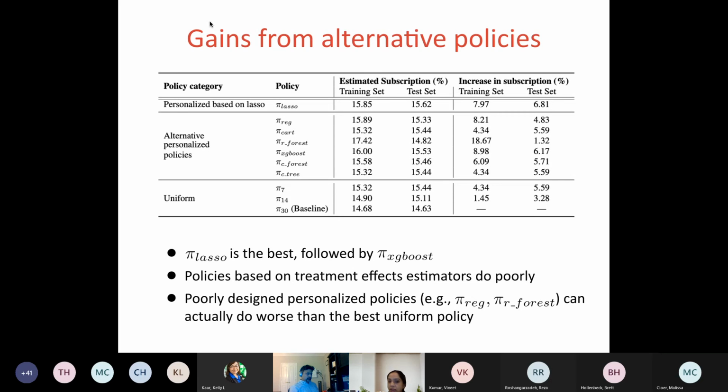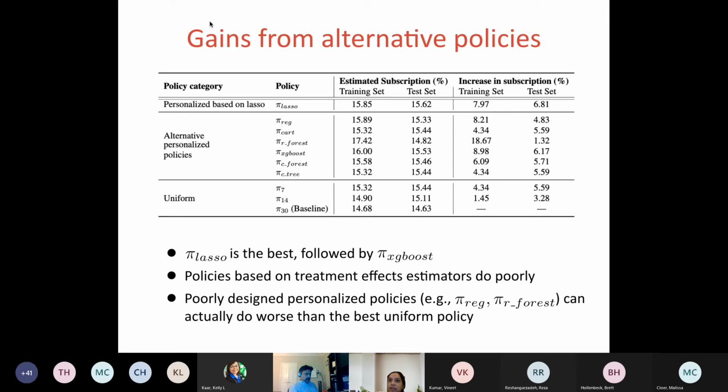And you can also see that policies based on regression and random forest, which, if you look at the paper, you'll see are pretty good in terms of model fit, especially random forest, can actually do worse than the best uniform policy. So maybe one of the main lessons to take away from here is that estimating CATE is not the same as assigning policy.